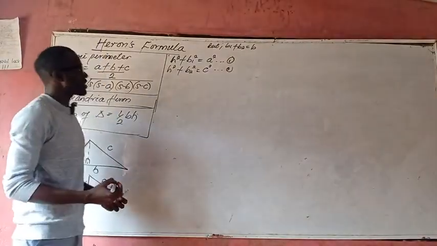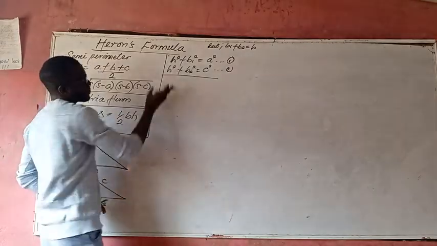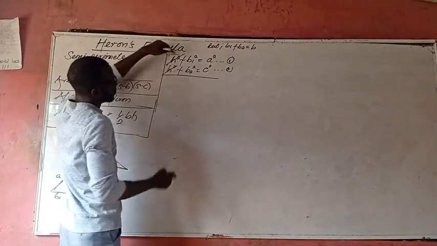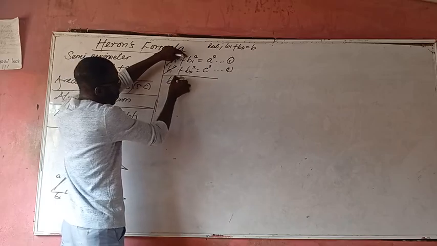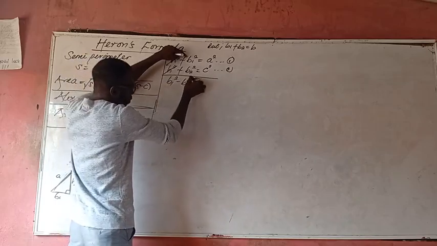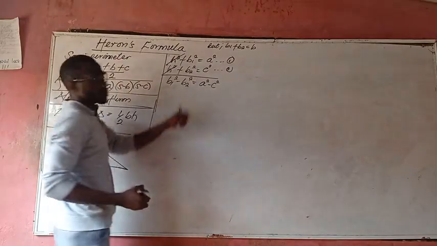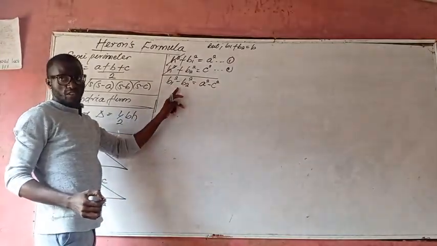All right, so from here, the next thing we'll do is we solve simultaneously. We take care of this, right? So that by subtraction, we have B1 squared minus B2 squared is equal to A squared minus C squared. All right? This one is now a difference of two squares.